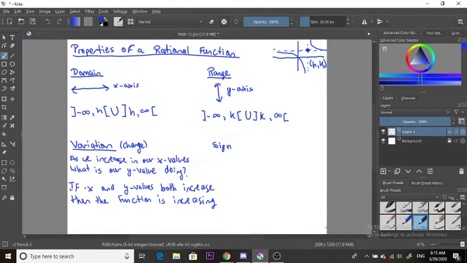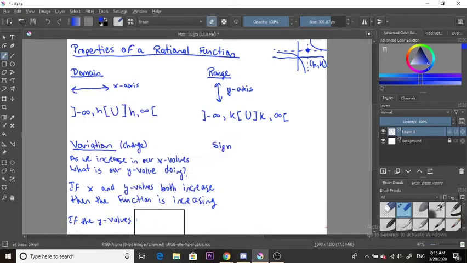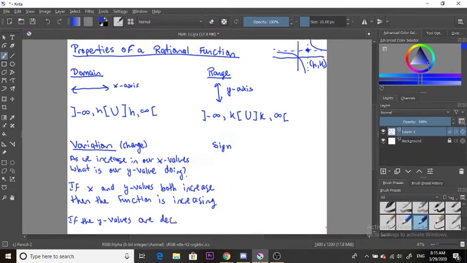But if we have our x and y values where they're doing the opposite, if our y values are decreasing, then the function will be decreasing. If the y values are decreasing, oh man, I can't spell today. If the y values are decreasing, then the function is decreasing.